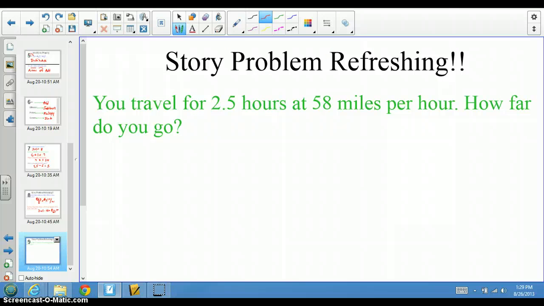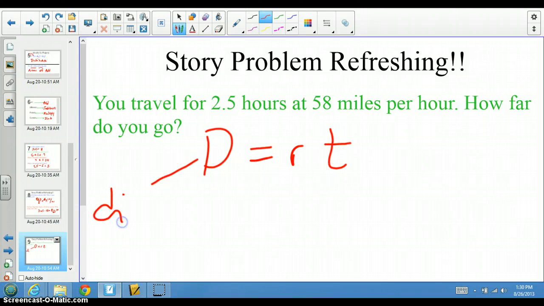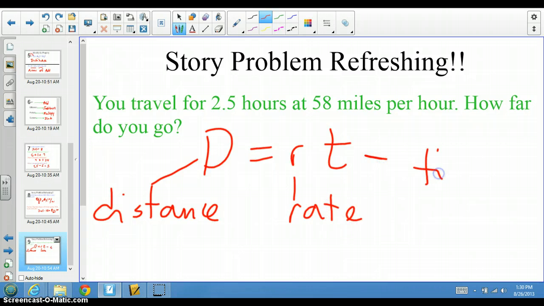The last problem goes over a distance formula. And with distance, we can make a formula that says D equals RT. D stands for distance. R stands for rate. And T stands for time. And we can plug those numbers in if we need to.